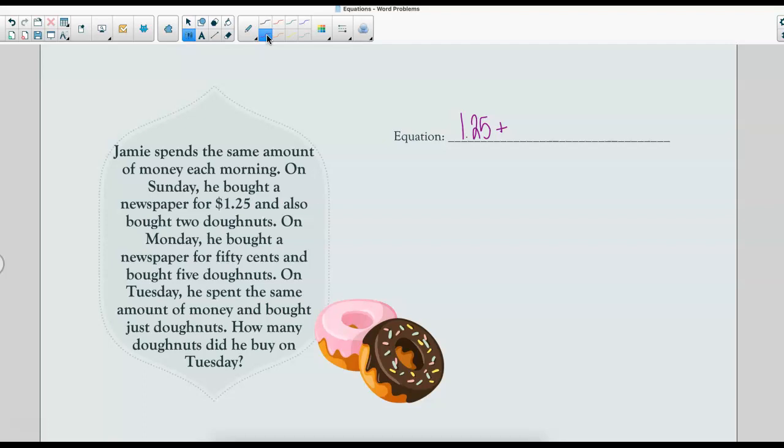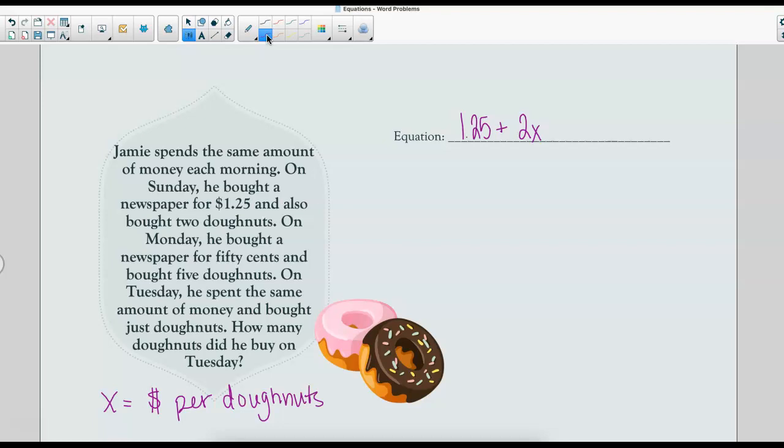We don't know how much he spent on the donuts, but we spent 2X. So what does X represent? Not the number of donuts. No. The money per donut. Would you agree with that? Because we don't know how much money he spent, but we know that he bought 2 donuts.